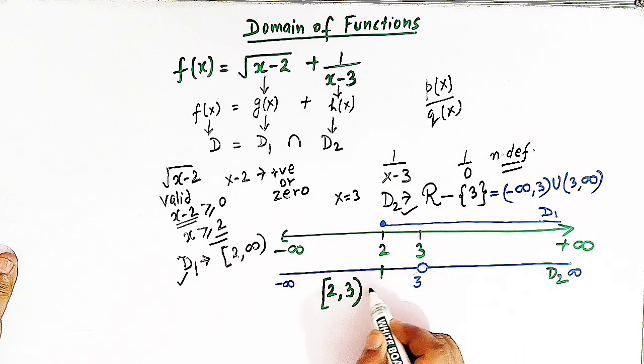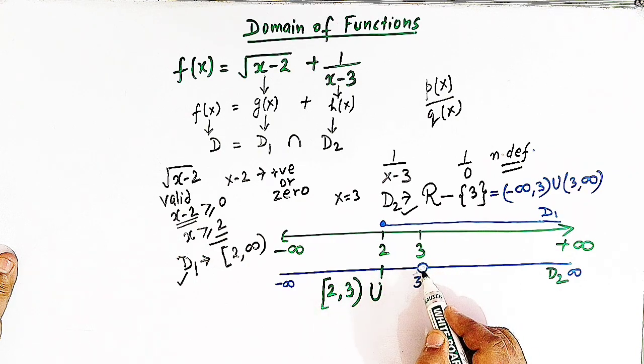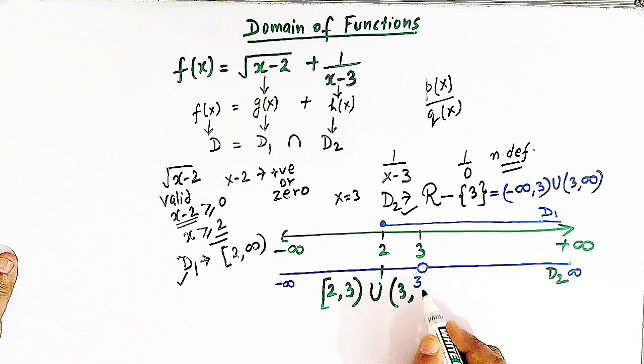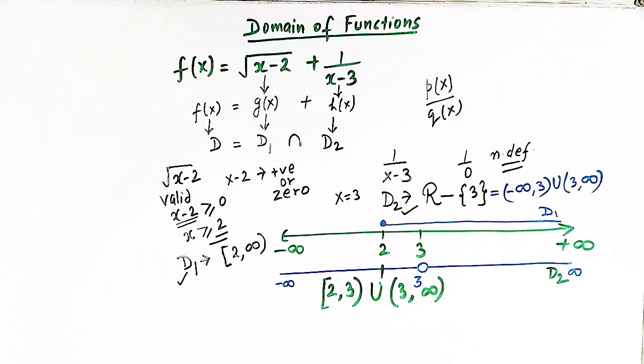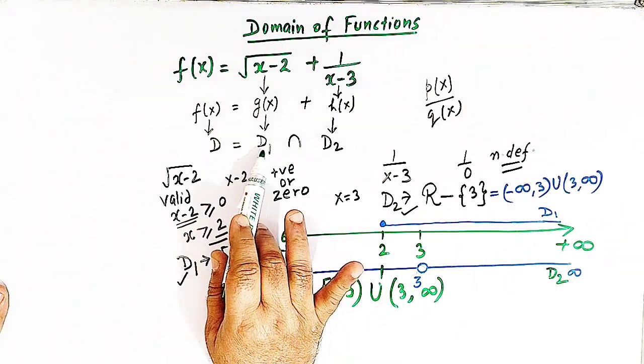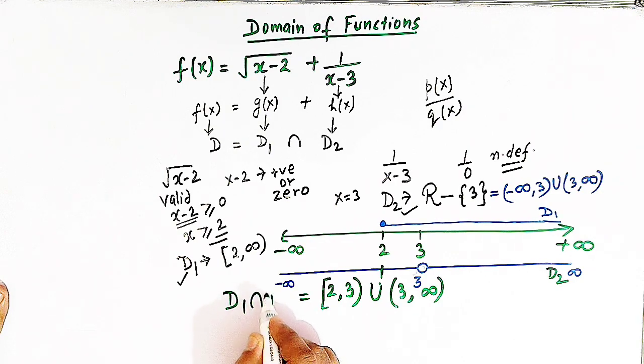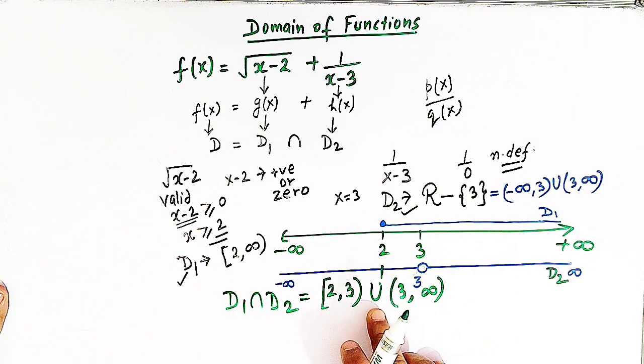And then we'll have here the union, and then we go from 3 to infinity. So here we have the open interval. It implies that 3 is not included. So we'll go from 3 to infinity, right? So the intersection of D1 and D2 is given by the union of these two intervals, right?